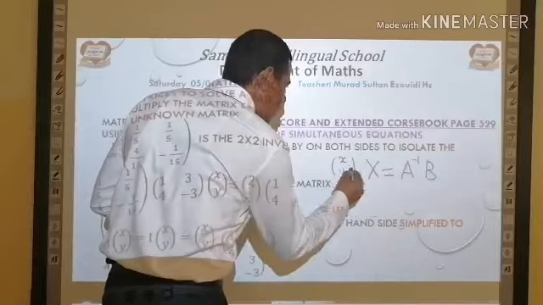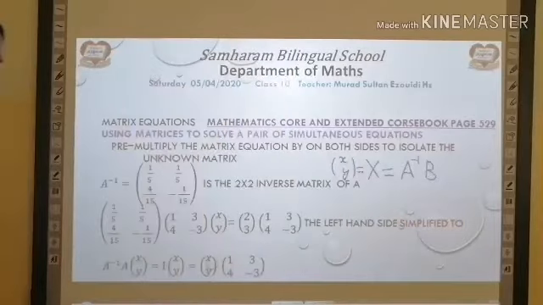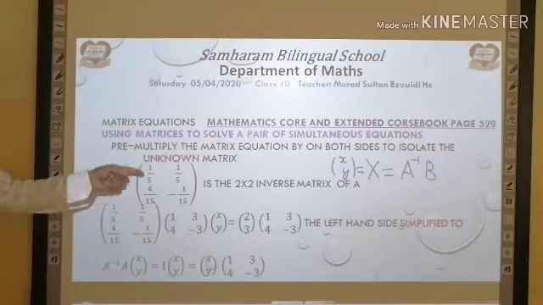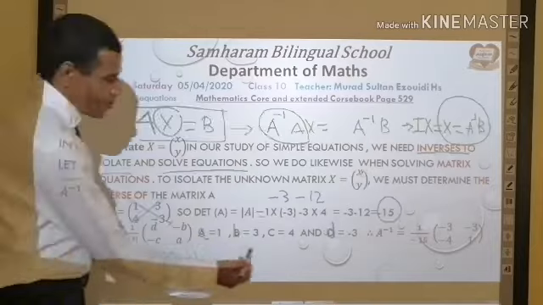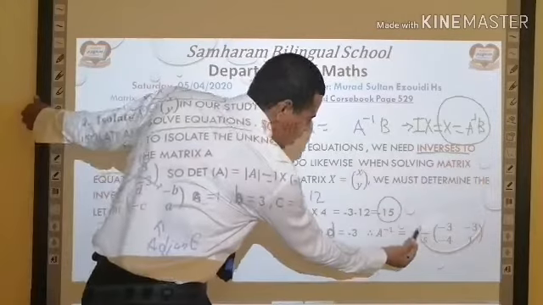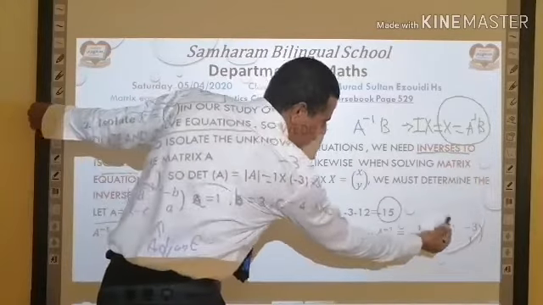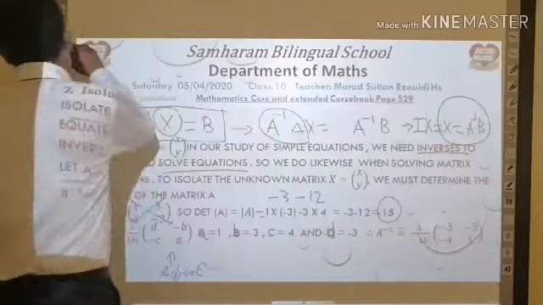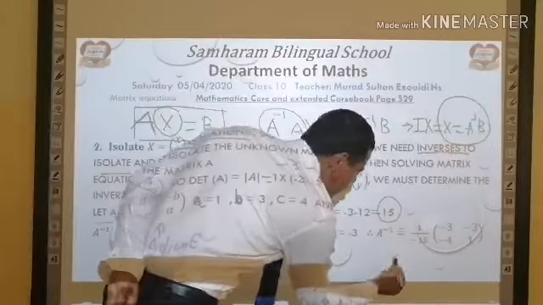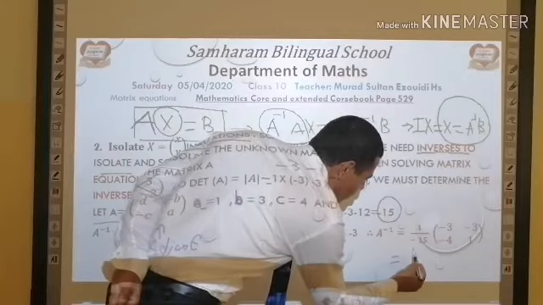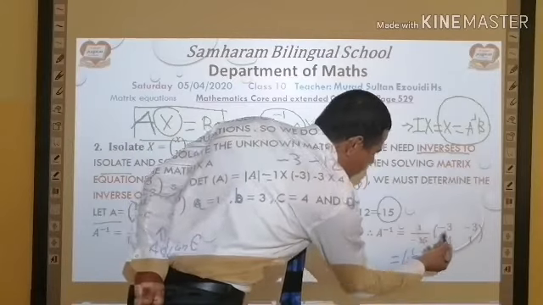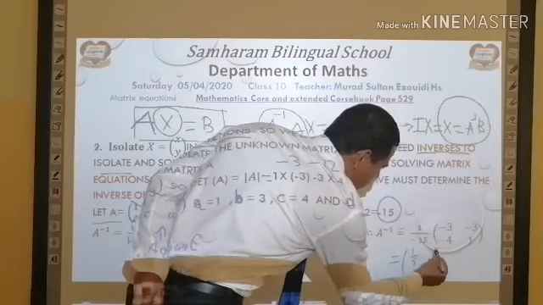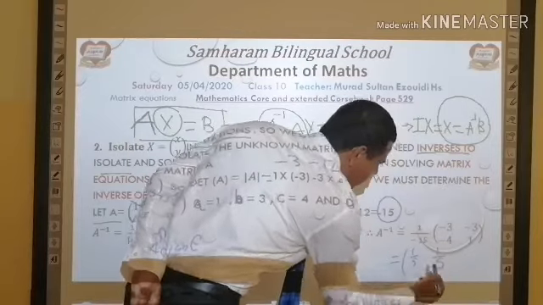Okay, so now this is the inverse of my matrix, 1 over 5. Okay, why 1 over 5? Look here, my kids. Because negative 1 divided by negative 15 multiplied by negative 3 gives 1 divided by 5.